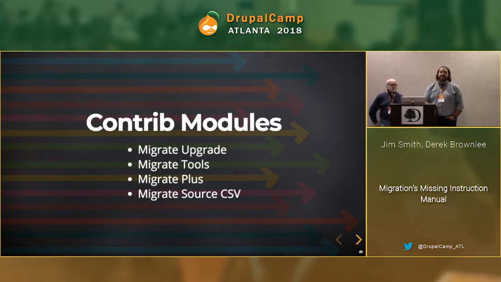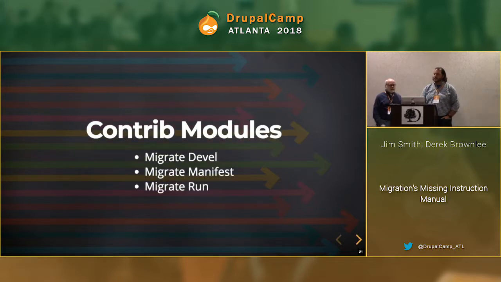Migrate Plus is another module, gives you additional things like creating groups for your migrations, provides you with additional process plugins, and one that was useful for us, Migrate Source CSV, allows you to use a CSV file as your source, so that can be another source process for migrating and creating your content, getting it into the database. And that last module, by the way, there is an issue right now to move that into core, which makes sense because a lot of migration can come from CSV.